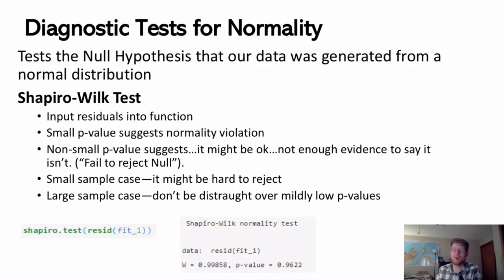But if our p-value is not particularly low, like 10% or 20% or 30%, well, it's not really telling us that the residuals are normally distributed. It's just saying that we don't have enough data to say that they're not. So we're just saying it might be okay. We don't have any reason to say it's not normally distributed.